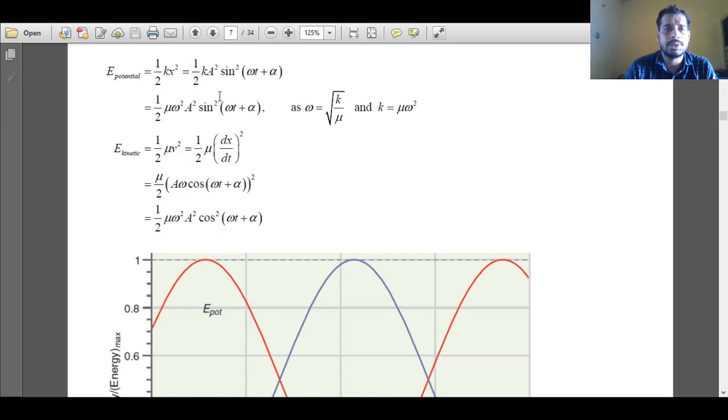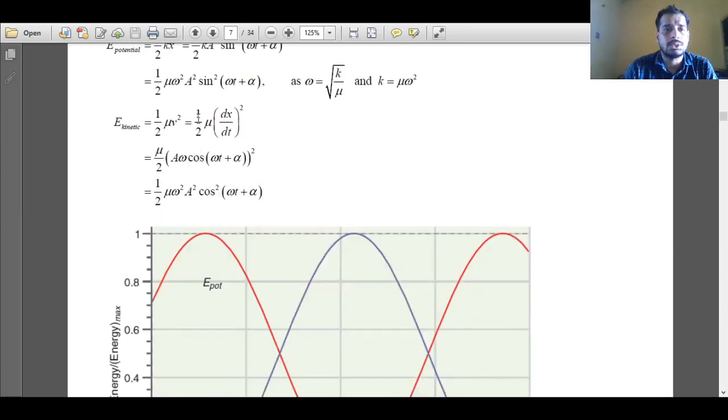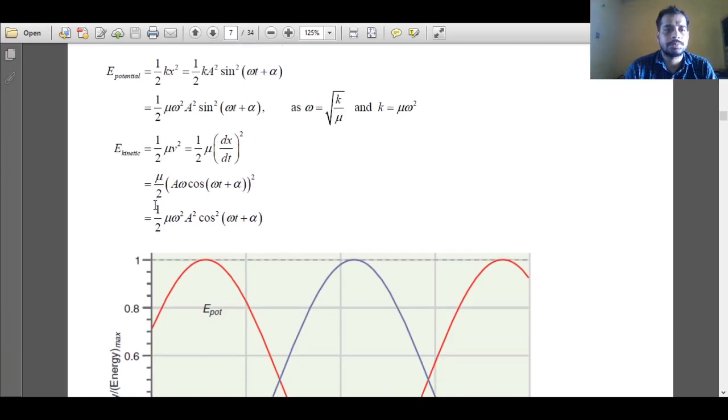If I take differentiation of x, that is a sine omega t plus alpha, I'll be getting a cos omega t plus alpha, and the omega term will also come out of the differentiation, and I have to take the square of that. Then what I am getting is half mu omega square a square cos square omega t plus alpha.